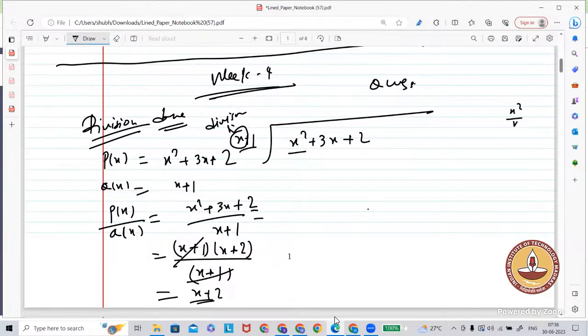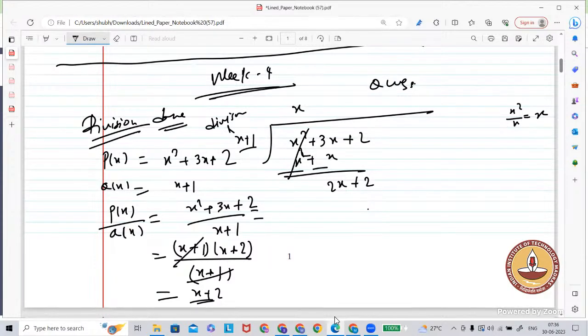That means x square by x, you will get x. Take x in the quotient and multiply with the whole polynomial, so you will get x square plus x. Now subtract, this will cancel out, and you will get 2x. The other term comes down as it is, plus 2.